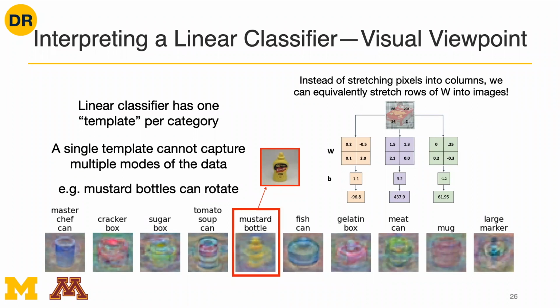I don't think we can actually visualize the bias, because you're adding one value to all the pixels. I'm not entirely sure how we can visualize that, but I will get back to you on that. It's a good question.